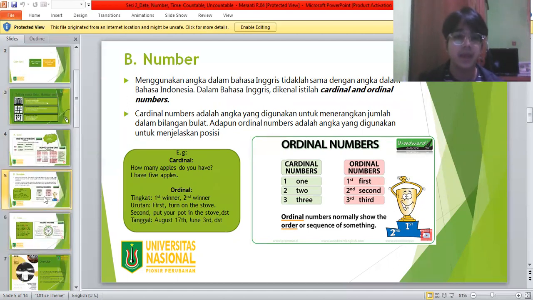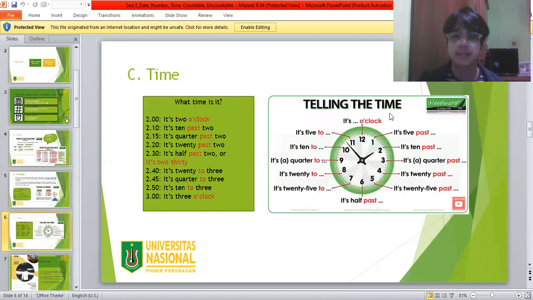Okay, and move to the time. This is the explanations. This side is the time that already passed, that already happened, and this is about to happen. So they are different.